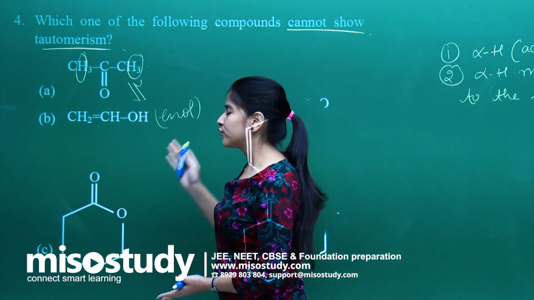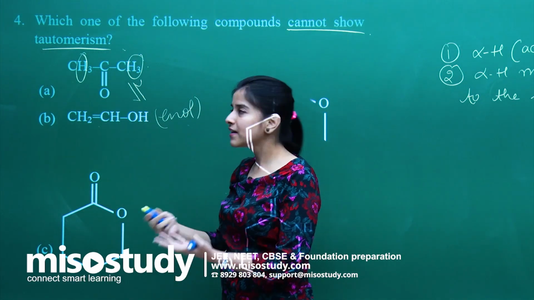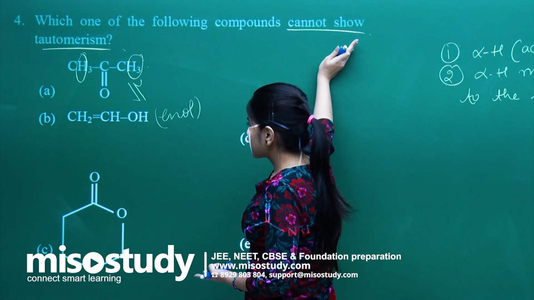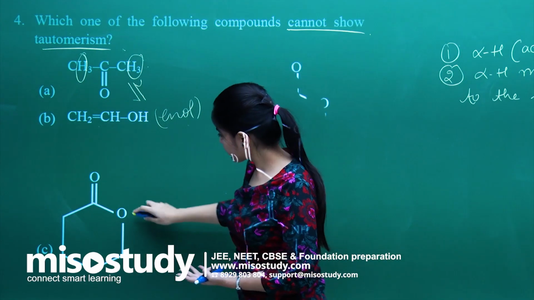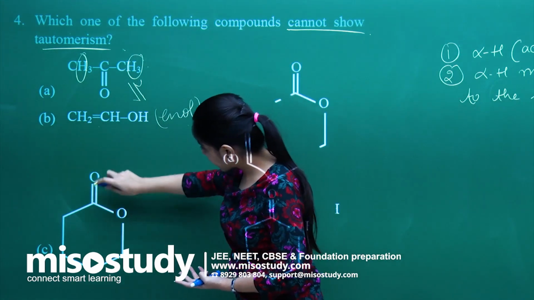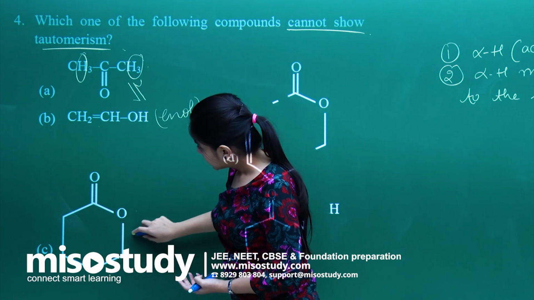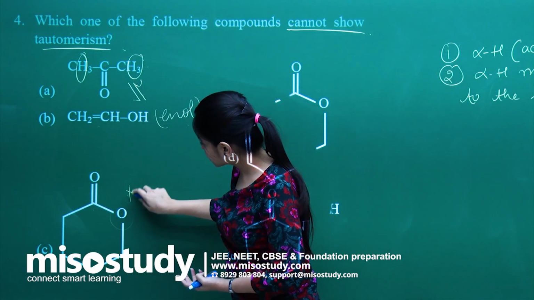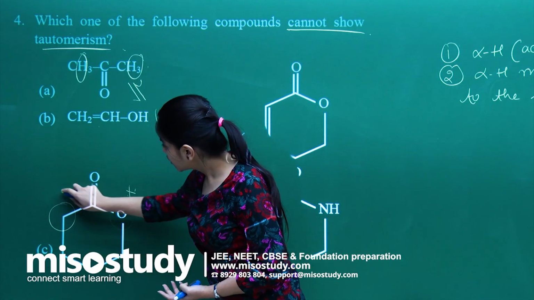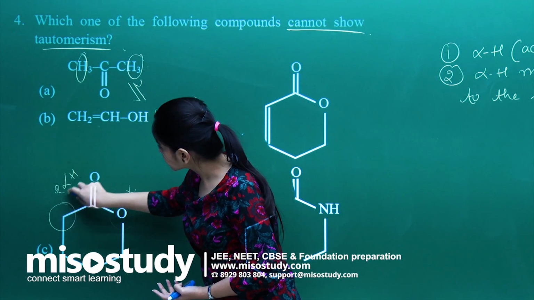It is the enol form itself. That means it can undergo tautomerism. Now let's move on to the C part. What do I have? In the C part, again if you observe, this very part does not have any alpha hydrogen, but over here I have got 2 alpha hydrogens.